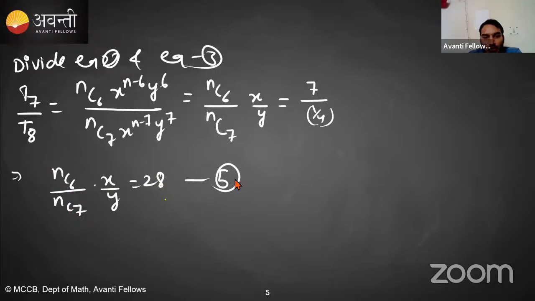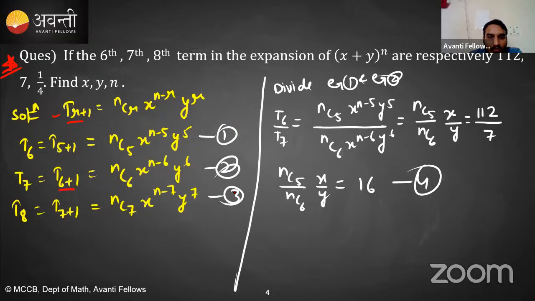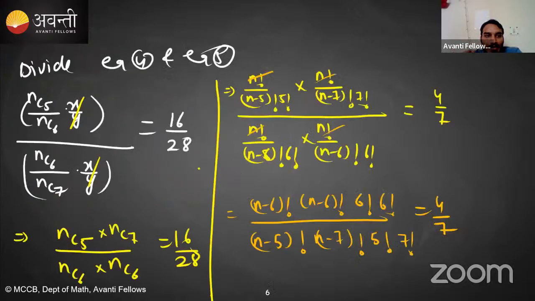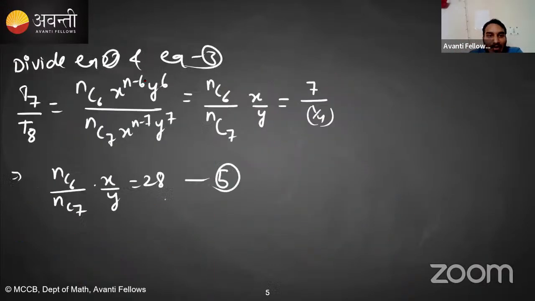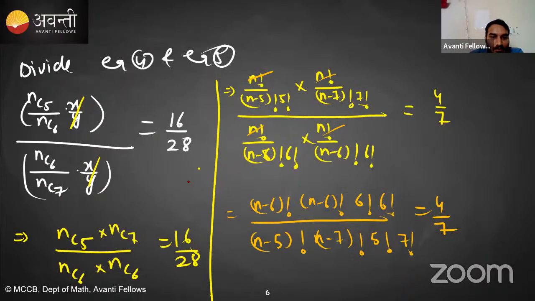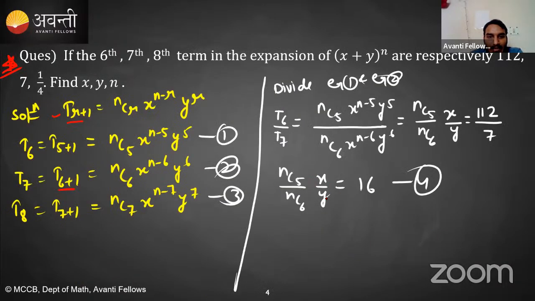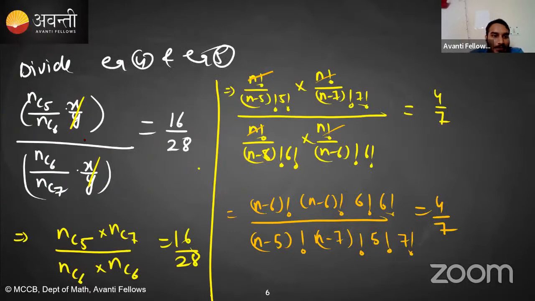Call this equation 5. So now we have 5 equations, right? Equations 1, 2, 3, and 2 equations generated by dividing equations 1 and 2 and equations 2 and 3. After that, now again divide equations 5 and 4 to get rid of x by y, so we get an expression only in terms of n, right?